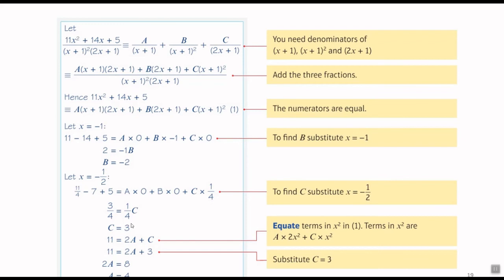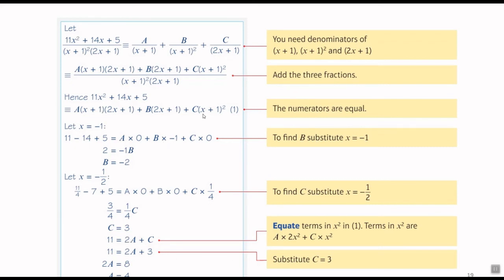So if you want to find a, what can you do? We can equate the x squared coefficient. The left hand side x squared coefficient is 11. On the right hand side, what is the x squared coefficient? a multiplied by x multiplied by 2x gives 2a x squared, so you can take 2a.